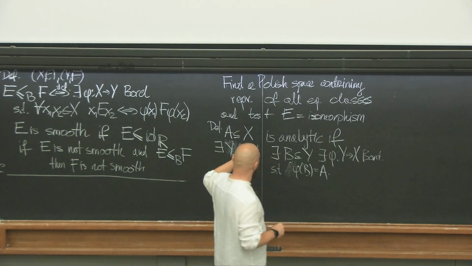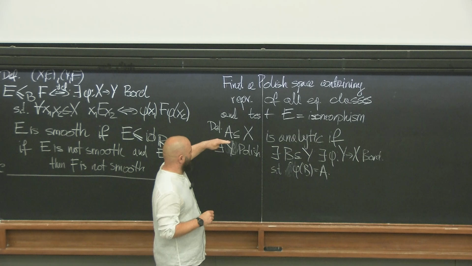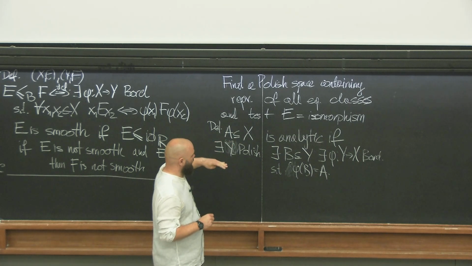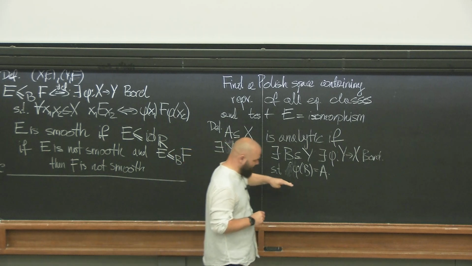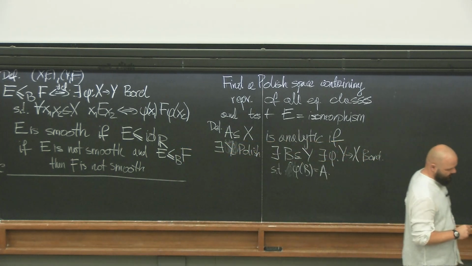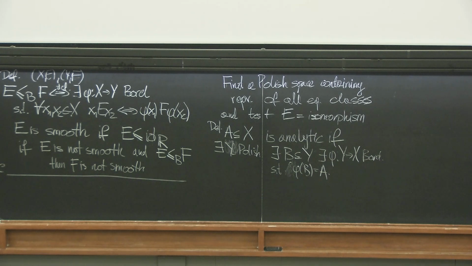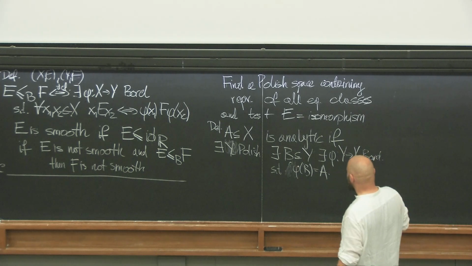But it is not true. There is a family of sets which is larger than the family of Borel sets, and those are continuous images, Borel images of Borel sets.